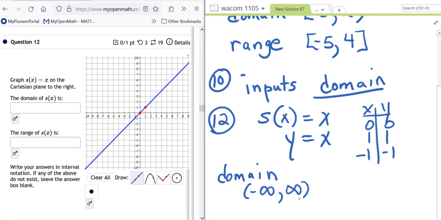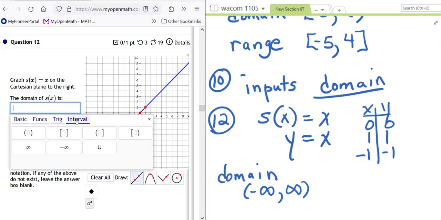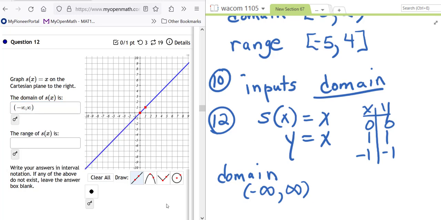So your domain is negative infinity to positive infinity. And click in here, interval notation, parentheses, parentheses. You have to put negative infinity first. Right, then you need a comma, positive infinity. Right, and then we'll do range.